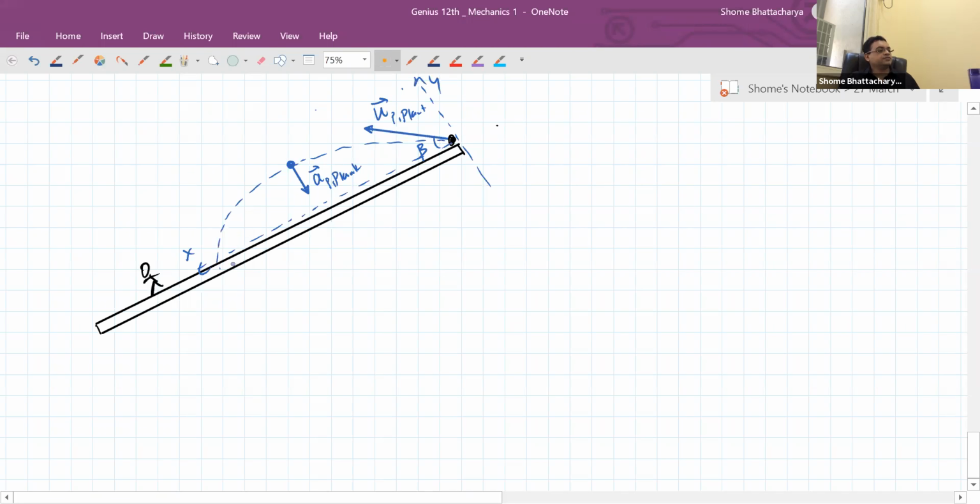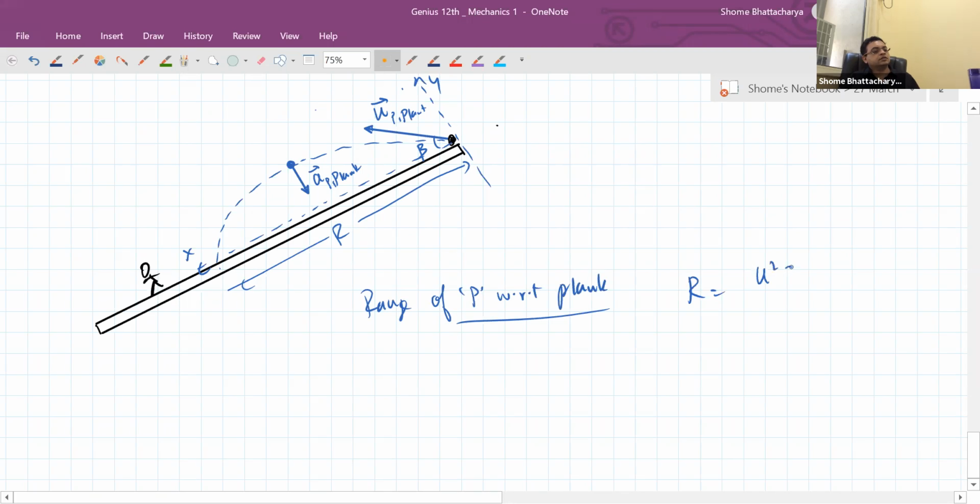So in the Planck's frame, the range of the particle with respect to the Planck will become u square sine 2 beta divided by the acceleration of the particle with respect to the Planck, which is g cos alpha in magnitude.